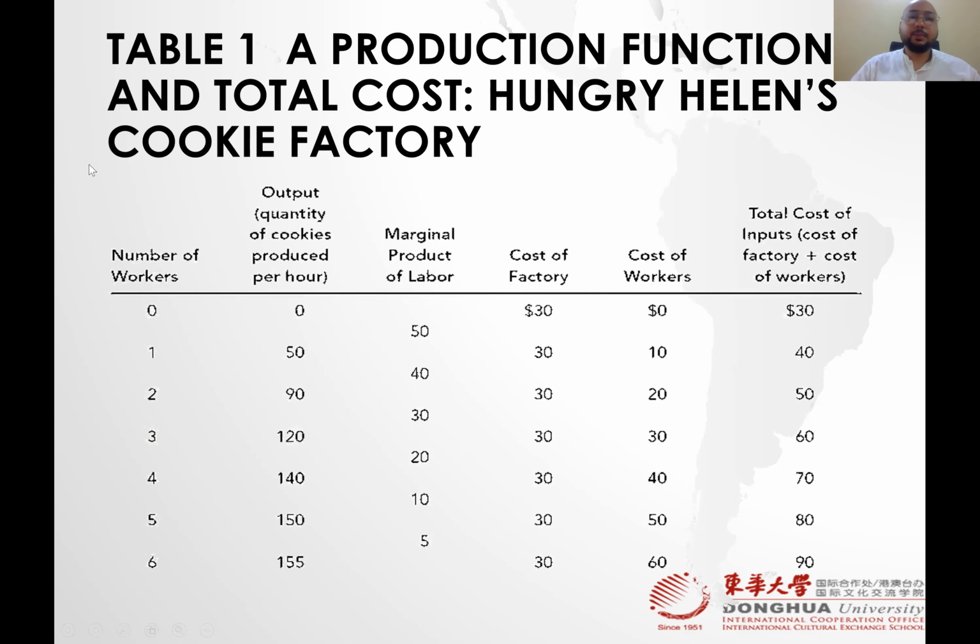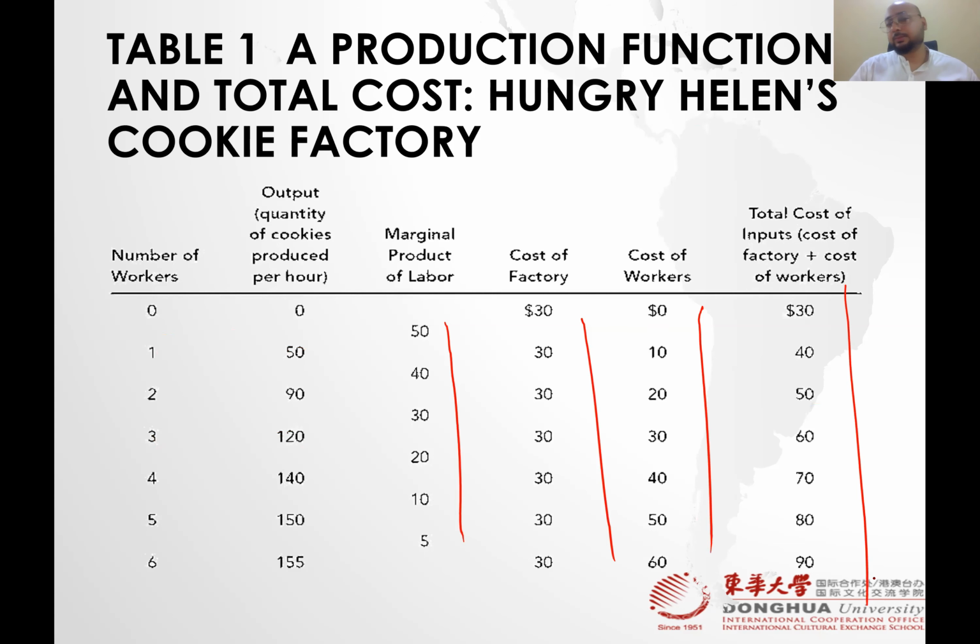the Helen's Cookie Factory table here, and we made the marginal product here, the cost of the factory, cost of workers, the total cost. And then we found there is a shortcut to find the variable cost and fixed cost if we are not given them. We see the total cost and the output.